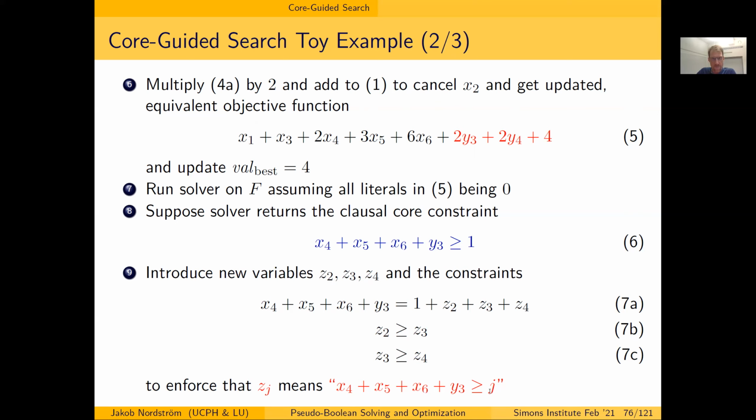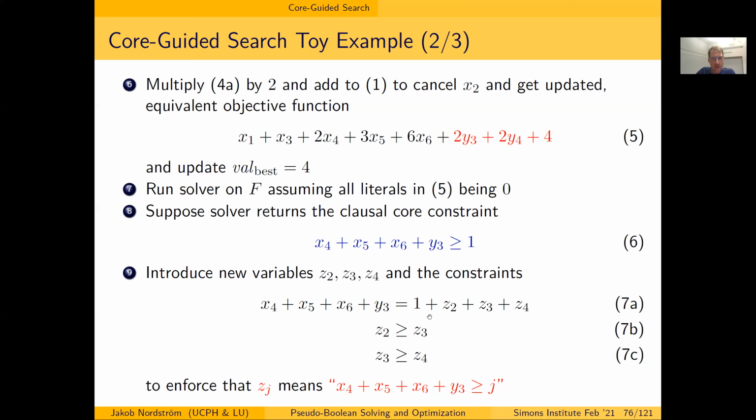And now what we're going to do again is look at the coefficients. We want to use this equality 7a and update the objective function. And now x4, x5, x6: x4 appears with coefficient 2, x5 with coefficient 3, x6 with coefficient 6, y3 with coefficient 2.